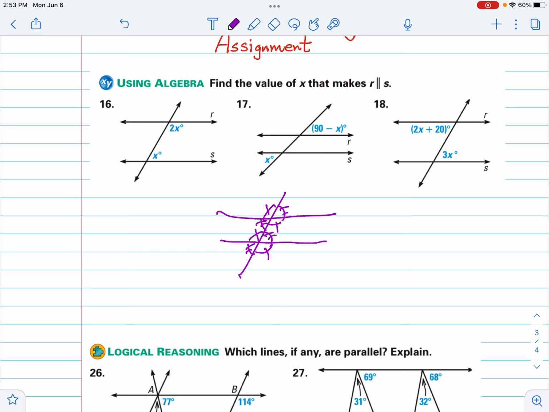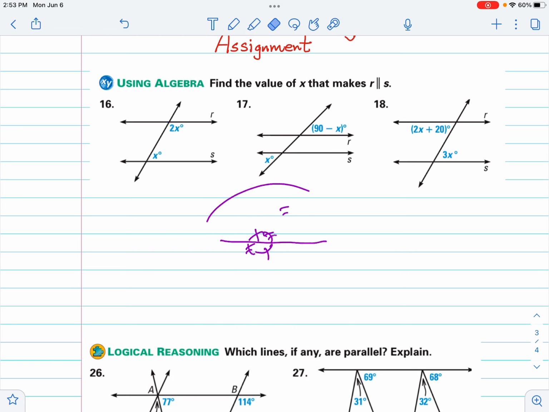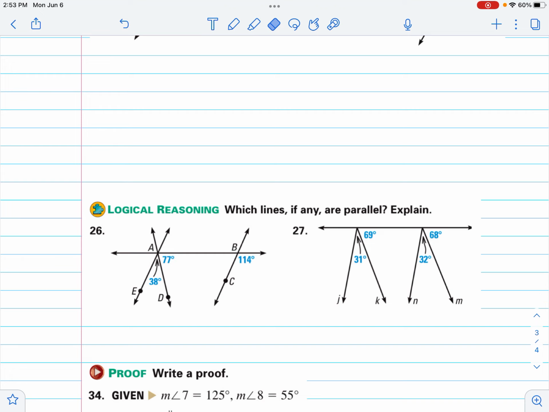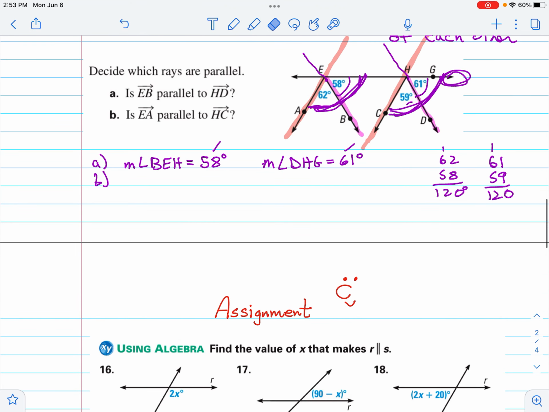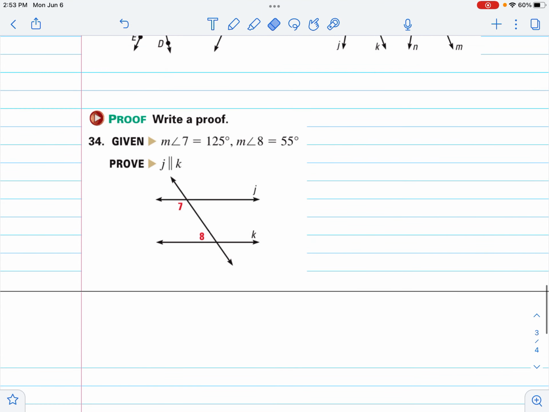What you don't want to do is try to get it in your mind. Obviously, they're either going to be supplementary or they're going to be equal. So you can see that these are clearly not equal, so they would be supplementary. And remember the two things. Well, I don't need to go into it again. Now down here, this is a problem like we worked up here, and then you've got a proof. So there you go.